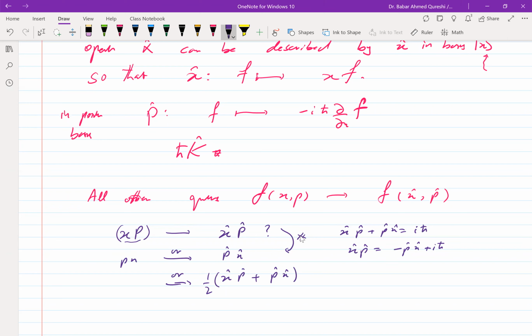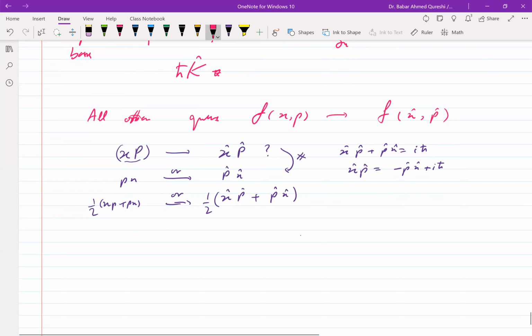You write them like this, they're all equal. So if you have a product of x and p appearing in your classical expression, then it's not obvious how to go to the quantum case. If there are only products of x being added to products of p, then it's fine. But if not, then it's not obvious which one to pick.